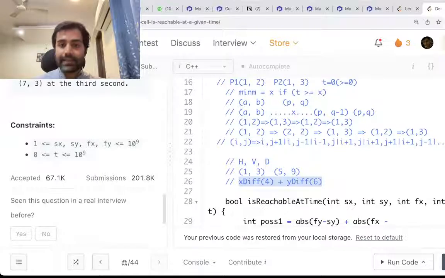That makes diagonal moves much more favorable than horizontal and vertical moves, because in horizontal and vertical moves you are minimizing either your horizontal distance or vertical distance, but here you are killing both of them with the same arrow. Is it making some sense why a diagonal move is preferred compared to horizontal and vertical?